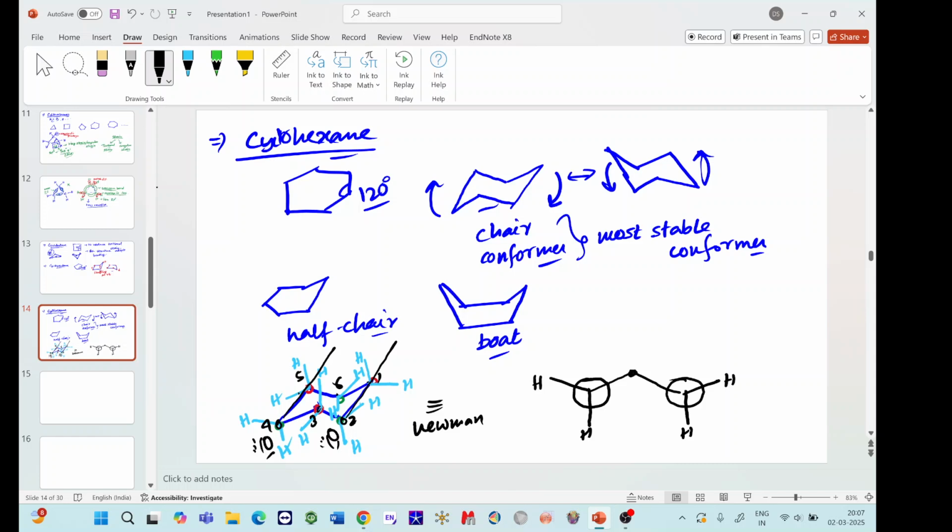Then the other one will be like this. Okay, it's simple, right? And then you have another two protons. Okay, this is how you can represent cyclohexane.